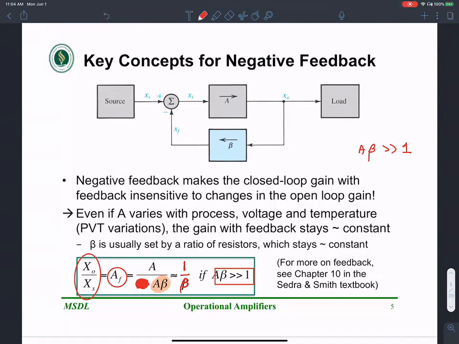That's a really neat technique. You can implement this feedback factor using a ratio of resistances. So the idea is your overall closed loop gain is independent.